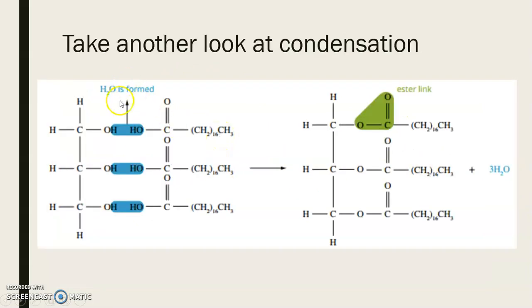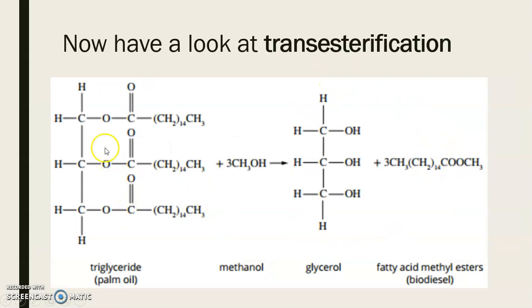So the esterification reaction between glycerol and 3 fatty acids, where fatty acids are just acids with really, really long hydrocarbon chains. So 3 fatty acids and 1 glycerol produce 1 triglyceride. Then this triglyceride is our ingredient to make biodiesel.